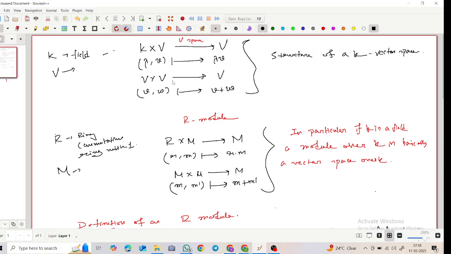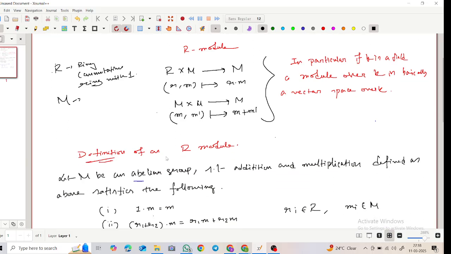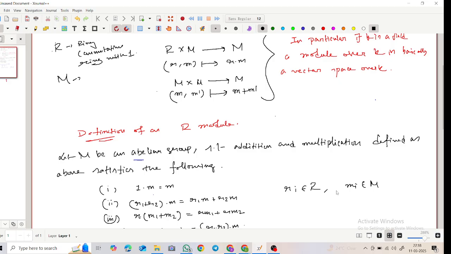See, you know what a vector space over a field K is like. So replace V by M, where M is an abelian group, and replace K by R, where R is a ring, and do the same structure. Above you see a K vector space structure. Now here we replace K by R and V by M, and we get this structure. So this is the definition of an R module. Just look at it.